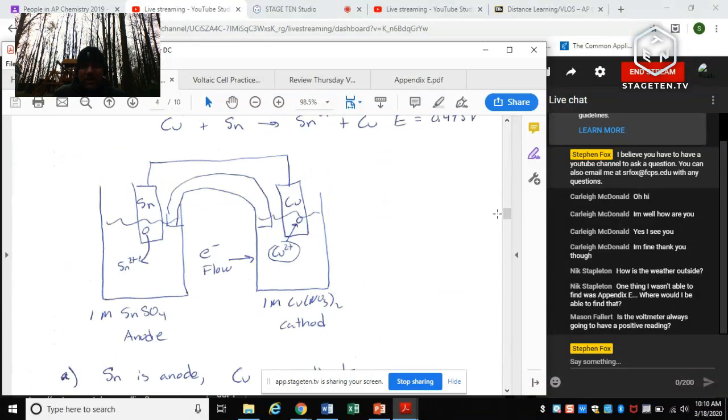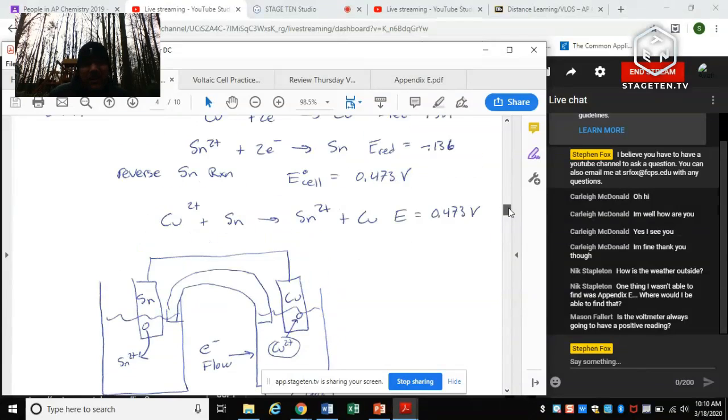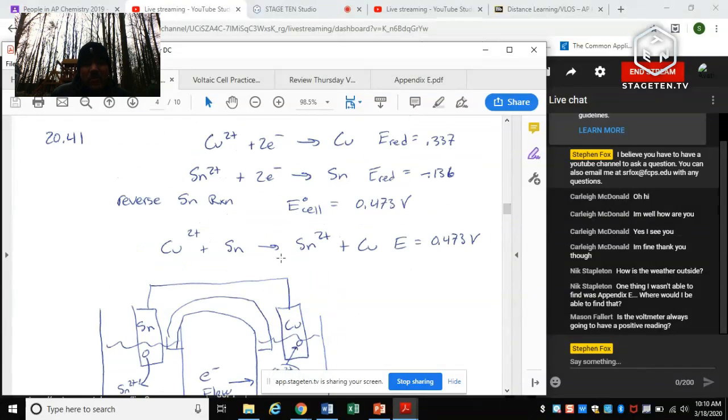If you switch the wires, the voltmeter will be negative, but it's just because you switched the wires in the voltmeter, if that makes sense. But for a spontaneous reaction, it has to be positive. So the reaction is only going to happen in the spontaneous direction without any outside intervention. So without plugging it in, recharging your battery, the voltmeter always needs to be positive.